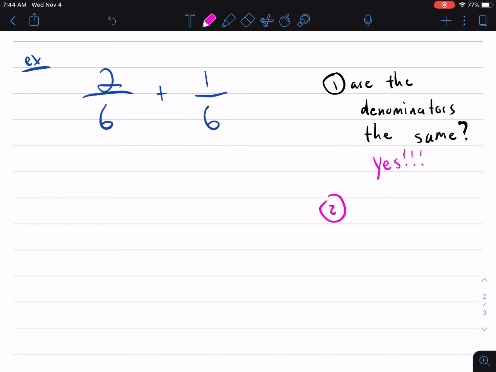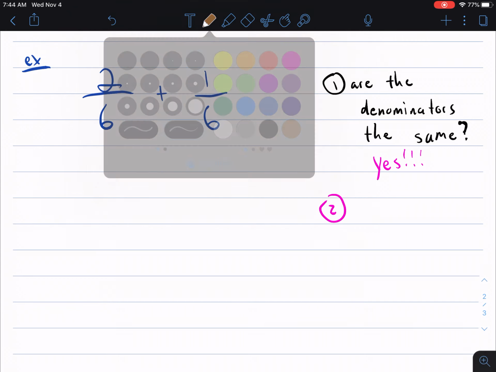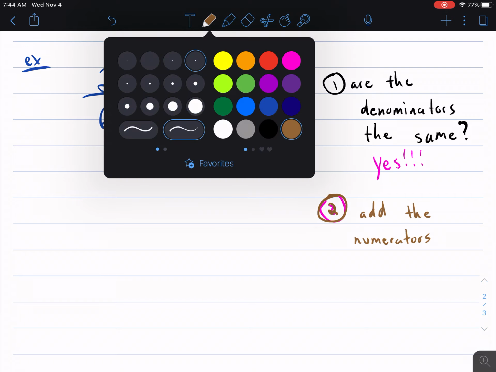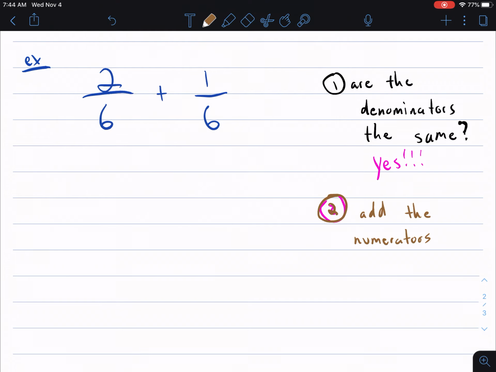So then my second step will be add the numerators. Since it is the same, all you have to do is just add. So ya son iguales, nada más suman lo de arriba. The bottom stays the same.